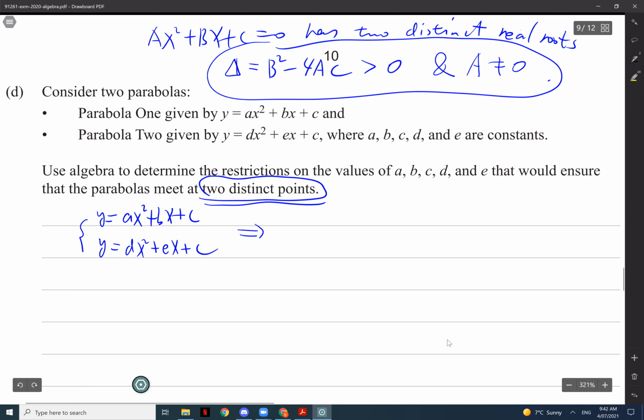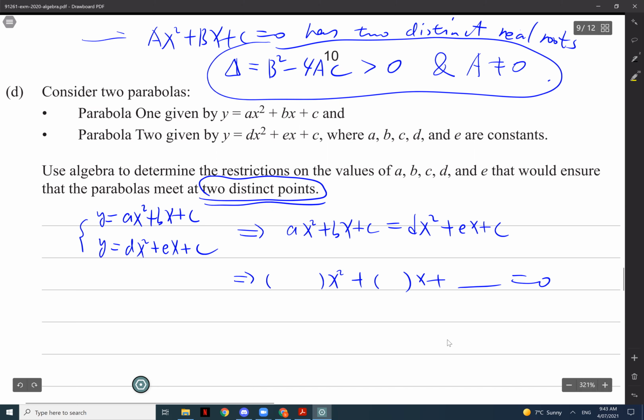So the first step, you just say here equals here. Guys, what's your answer here? That's the standard form, because we need this standard form before you can use the formula.